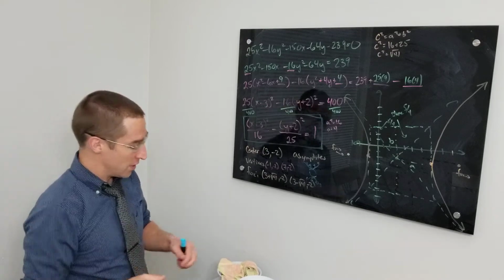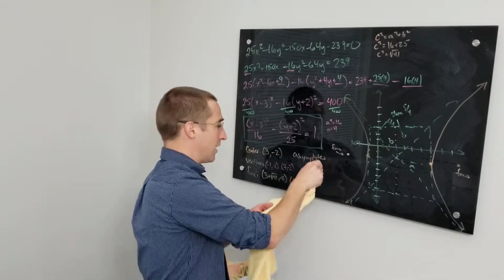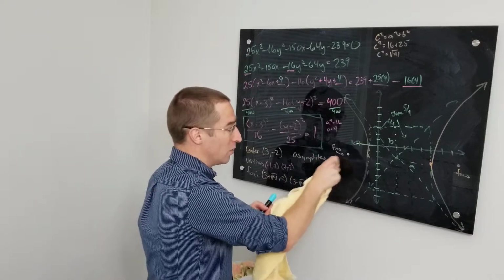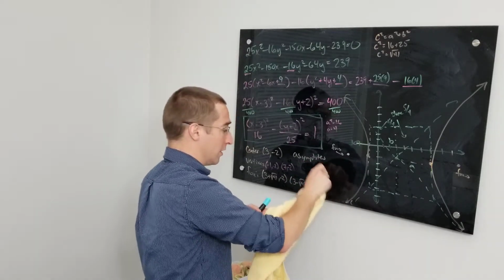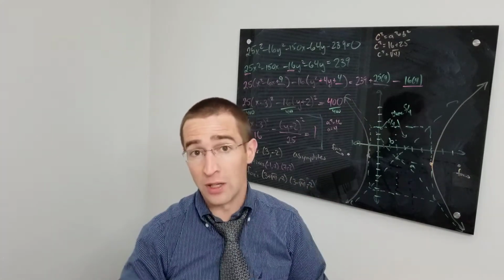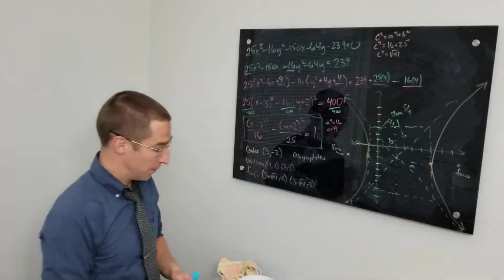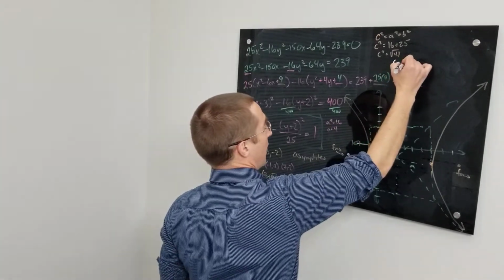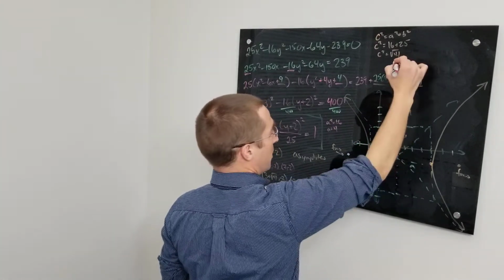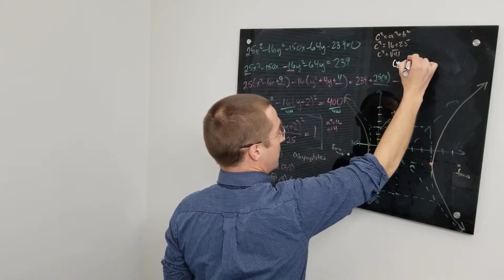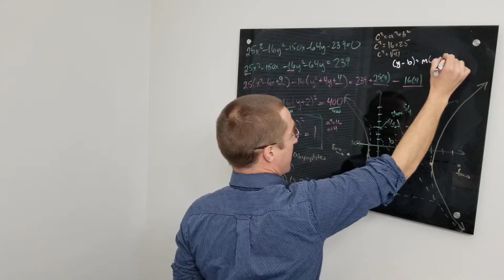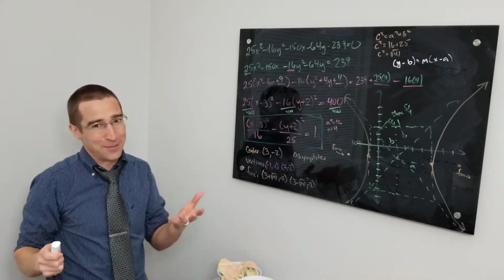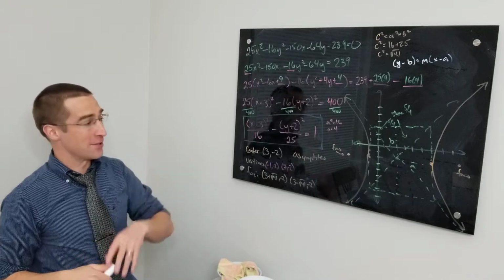Last thing we need is the equations for these asymptotes. To find them, we're going to use the fact that we know how to write the equation of a line if we know its slope and a point. In other words, we can use point-slope form. Remember, point-slope form is y minus b equals m times x minus a, where (a, b) is the point on the line, and m is your slope.